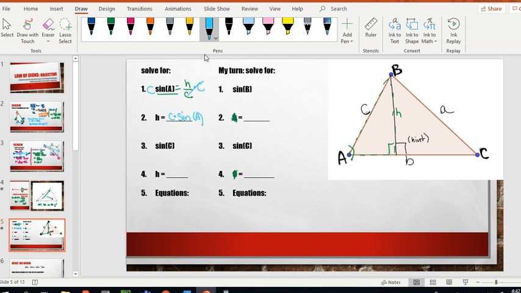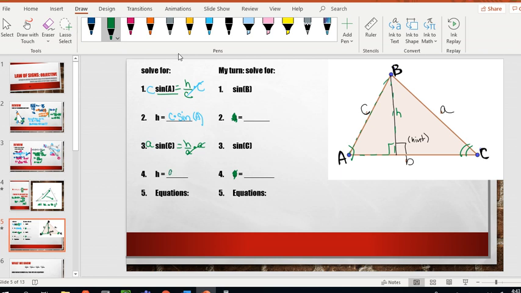Now I want you to do the same thing for angle C. Let's get another color. We'll go to green. Here again, I want to use opposite over hypotenuse. Opposite is H, and the hypotenuse is A. Multiply both sides by A. That cancels.